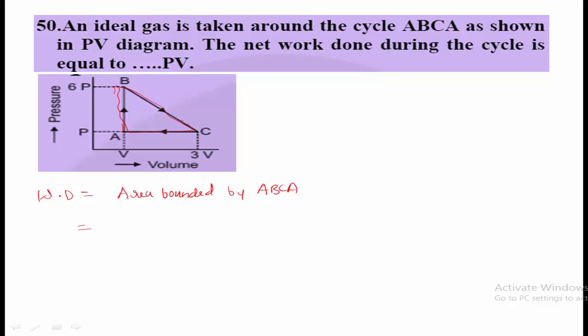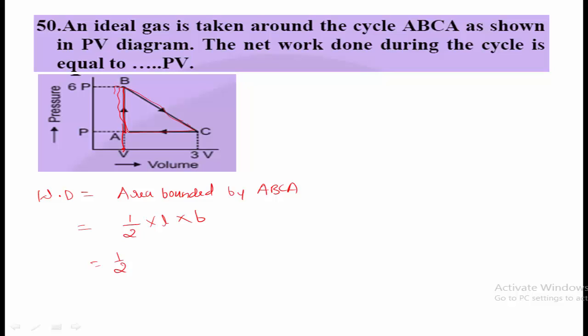So the area bounded is a triangle. What is the area of the triangle? Half into length into breadth. What is the length? Length from this to this you have to calculate. If you consider from this point, the total pressure will be 6P.